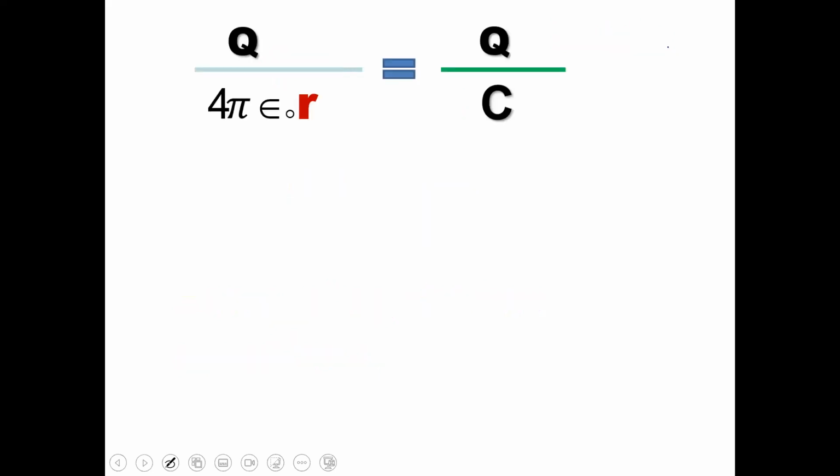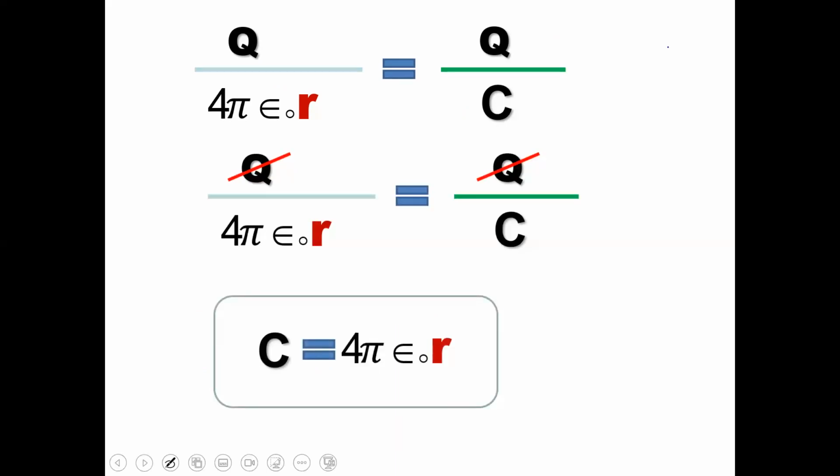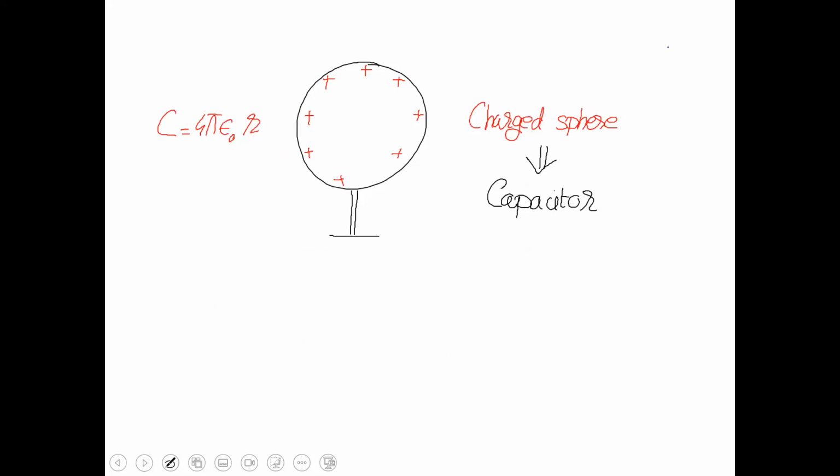So when I compare them, I can cancel out Q, and I will be left with a new formula of capacitance. Now, this is the idea coming here.